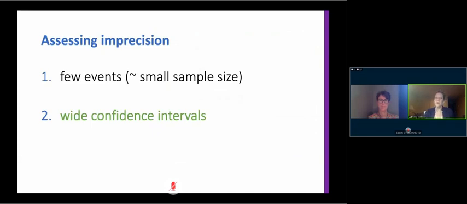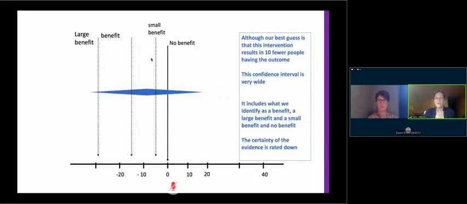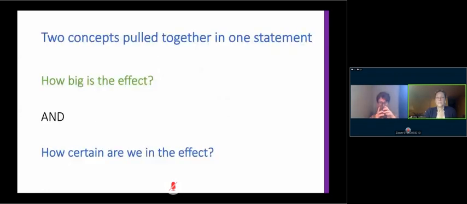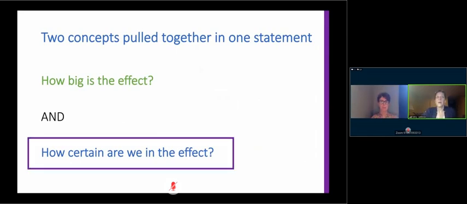Well, a wide confidence interval happens when it's going into all these other areas of actual benefit or no benefit, etc. And so this is, again, taken into consideration in the assessment of the imprecision in GRADE. But we still wanted to focus on how big is the effect. And that part was actually about the certainty in the effect.